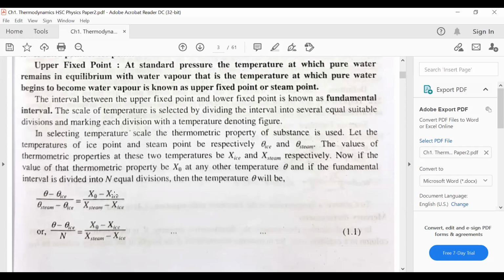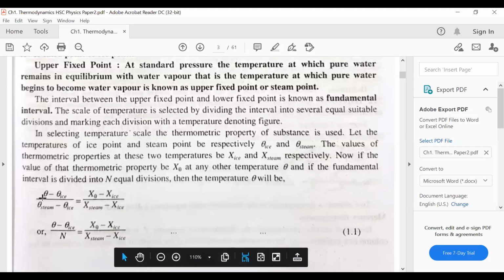And X ice will be the length of the mercury column at ice point, which is at 0 degrees Celsius. And X steam will be the length of the mercury column at steam point, which is 100 degrees Celsius. So if you substitute these values, you can calculate any unknown temperature.